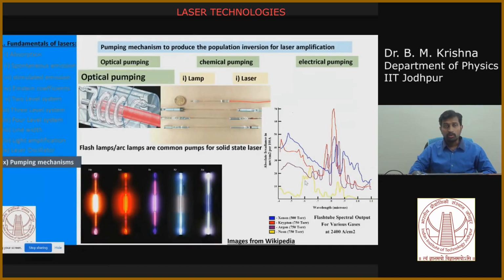In the ruby crystal they use such a lamp, and I also discussed that to pump your ruby crystal it requires a specific wavelength region, around 550 nanometers. Only those photons will be able to excite the ruby atoms; all the other frequencies get wasted.